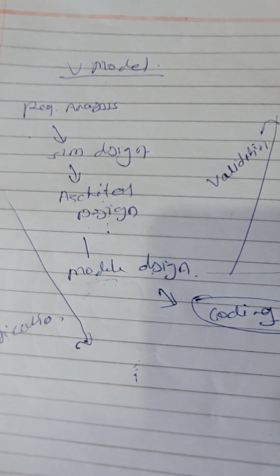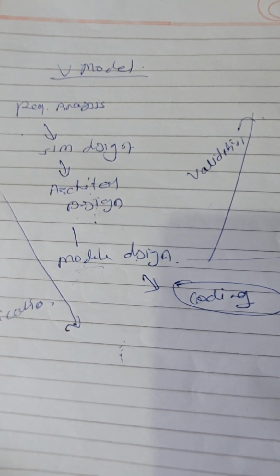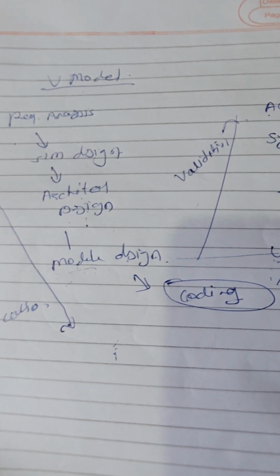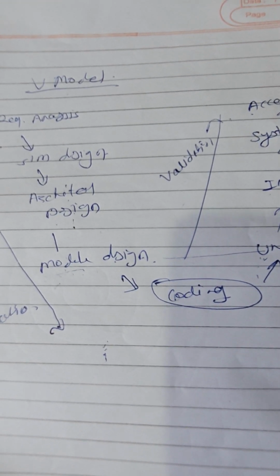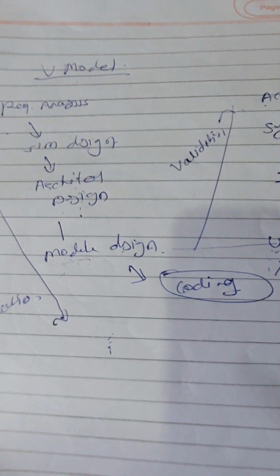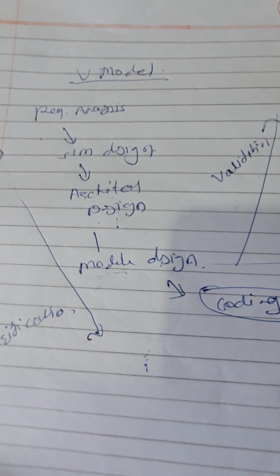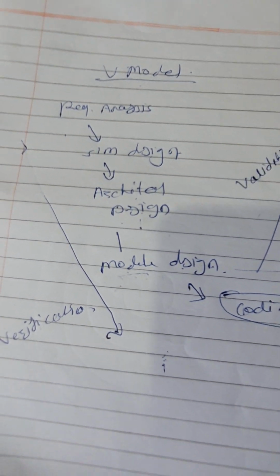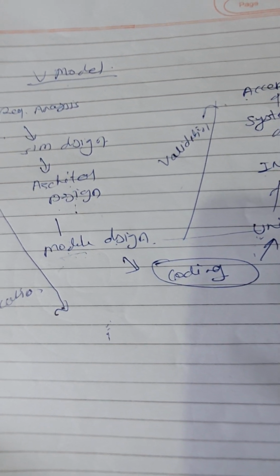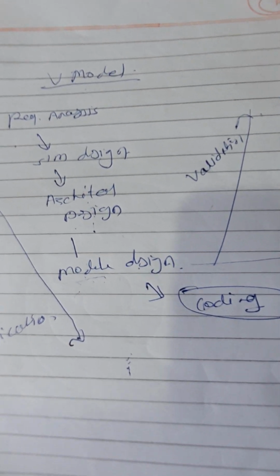The first drawback is that this model is not flexible to change. If you want to change or update your software at any phase, that is not much possible. Then, there is a chance of high risk and uncertainty in the V model.